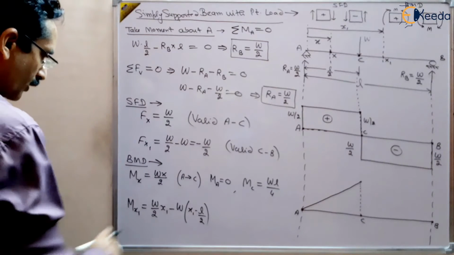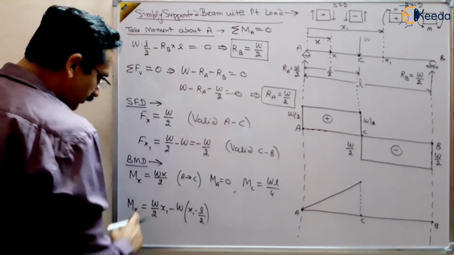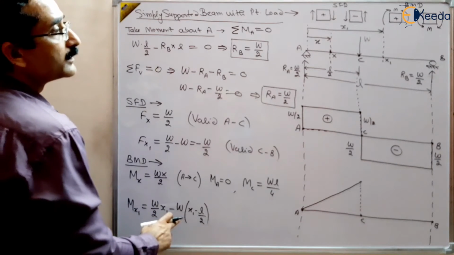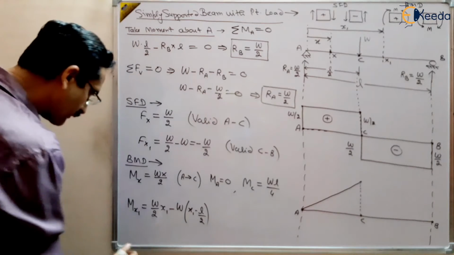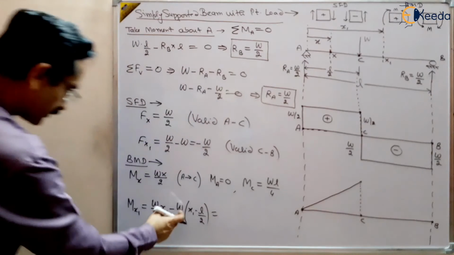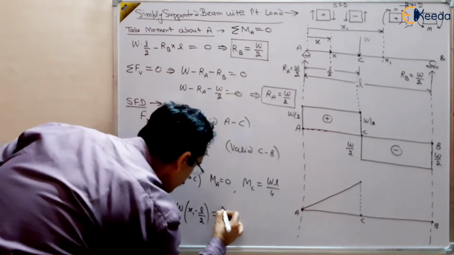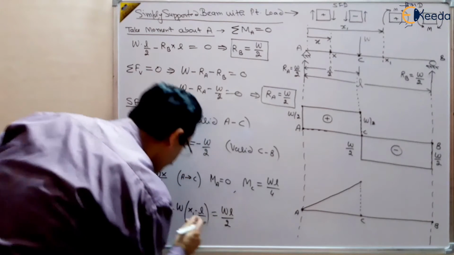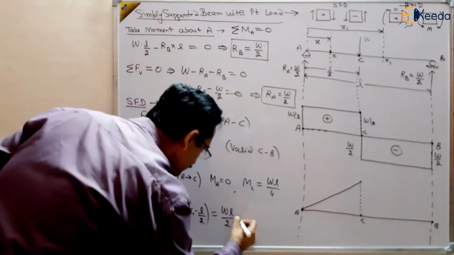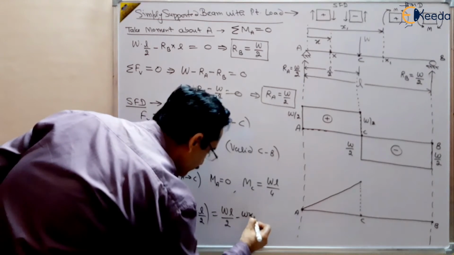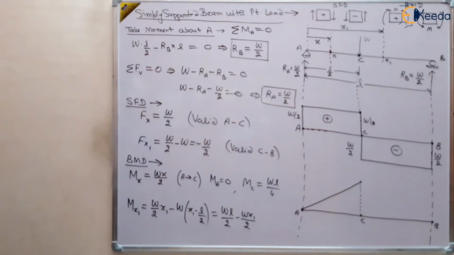Right? So how much will it come? This will again come Wx1 by 2 minus Wx1 plus WL by 2. So this is WL by 2 and Wx1 by 2, so minus Wx1 by 2, right?